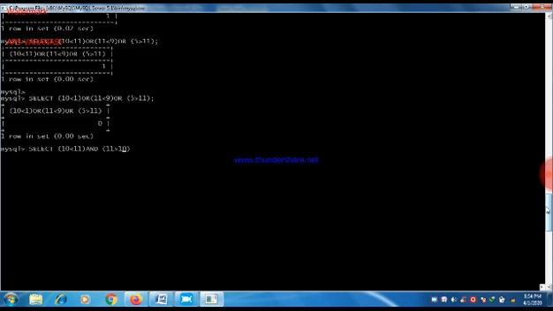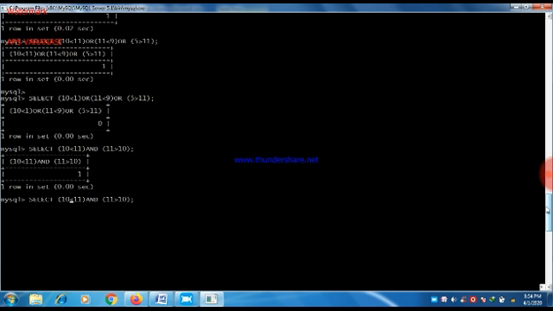So the first condition is true and the second condition is also true. The answer is 1. Obviously the answer will be 1. But if we write not, then it negates the answer. It means the answer will be 0. Let us check this.